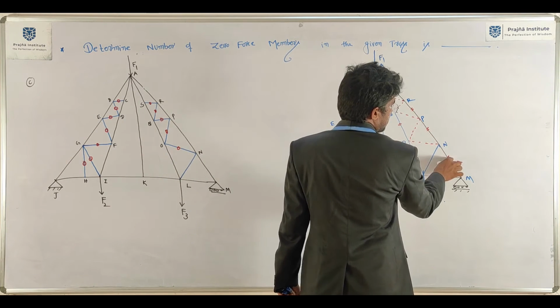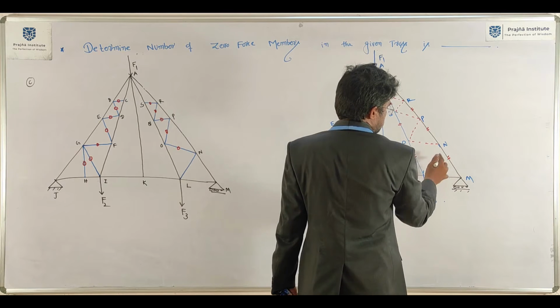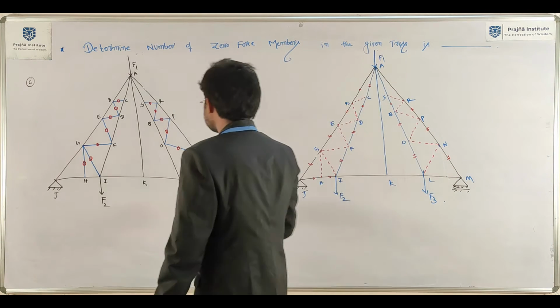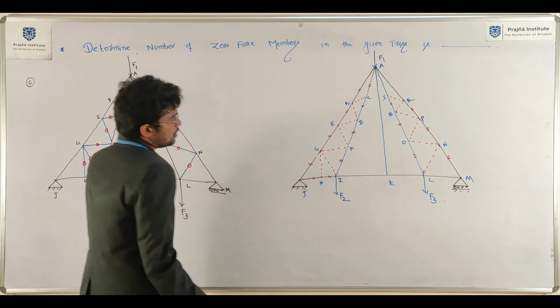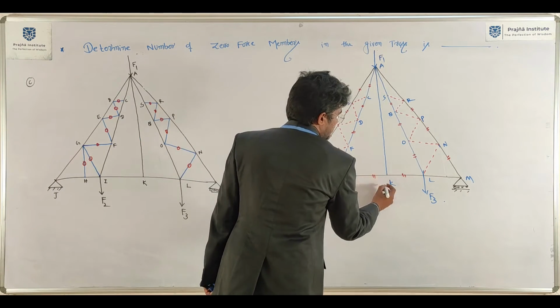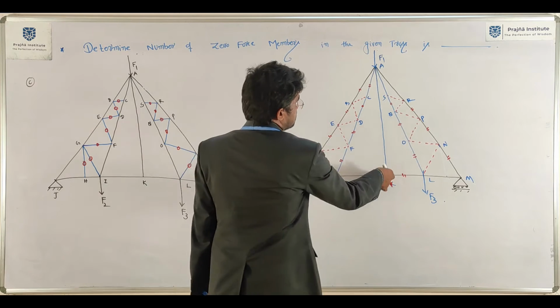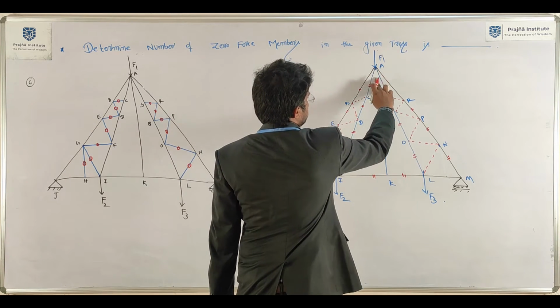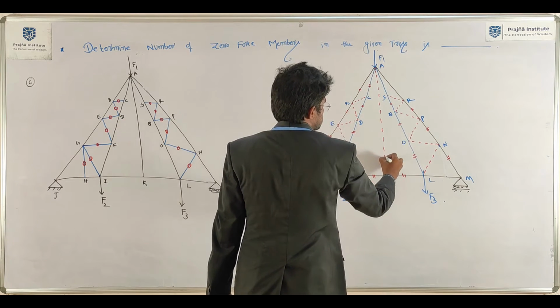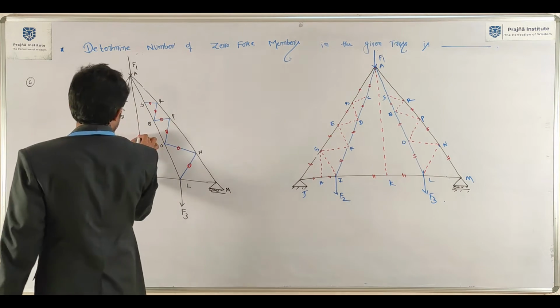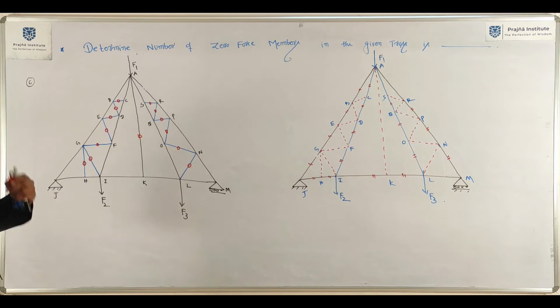These two are collinear. Then the force in this member equals 0. Of course, 0. Okay. Next, these two are collinear, no load acting at the joint. Then the force in this particular member equals 0. Force in this member equals 0.